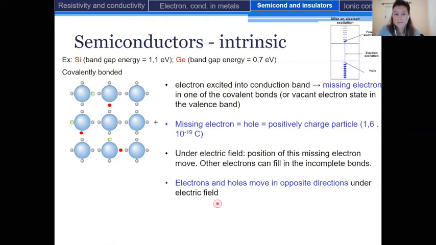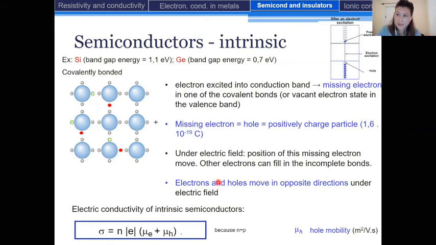Now, if we describe the electrical conductivity of intrinsic semiconductors, we have to consider that we have two charged particles that are moving and that are responsible for this conductivity.